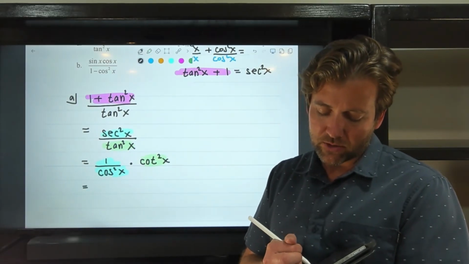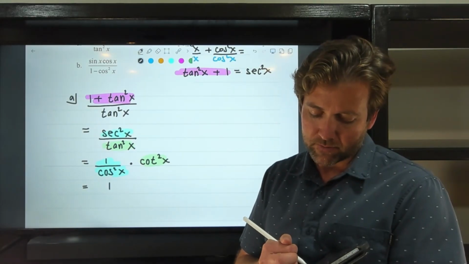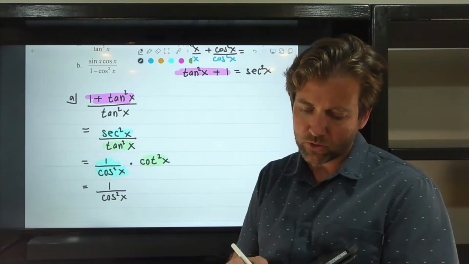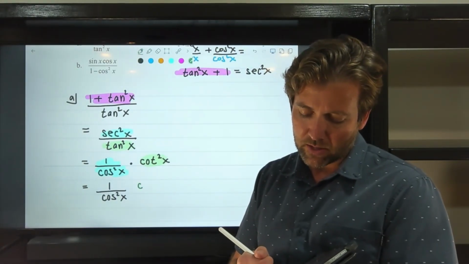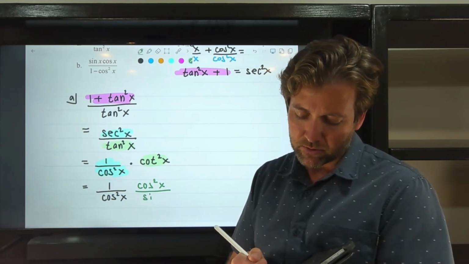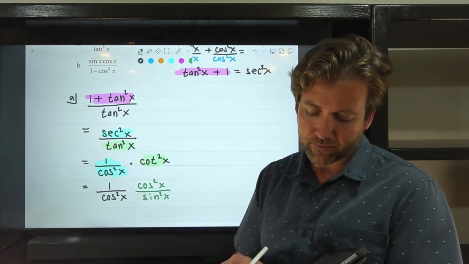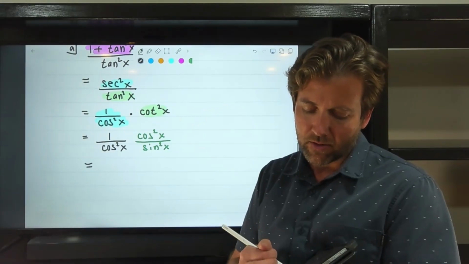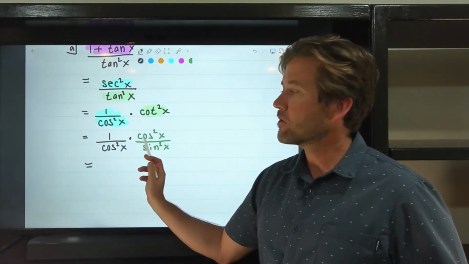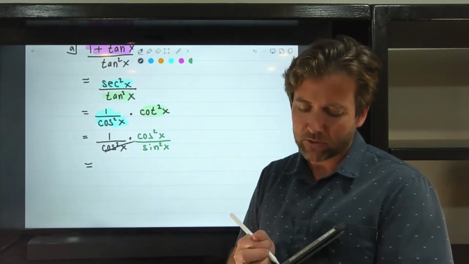I'm going to change or rewrite cotangent squared x as the cosine squared of x over sine squared of x. Now again, cosine squared x is a factor of the numerator and denominator, so I can cancel those.